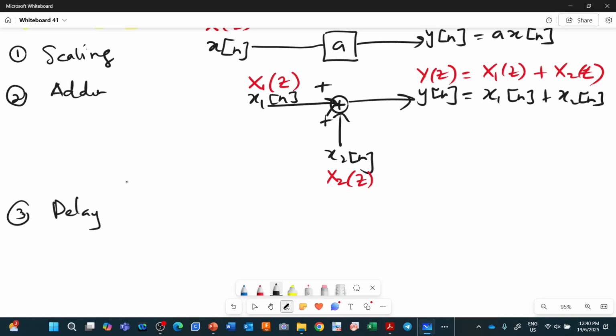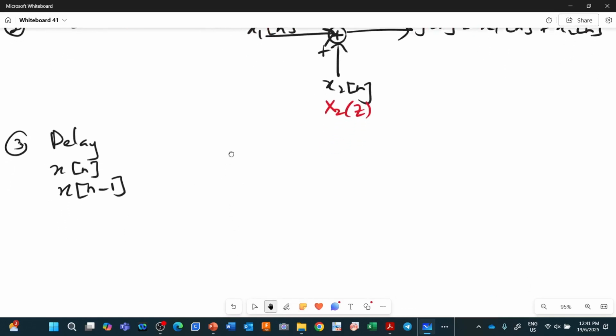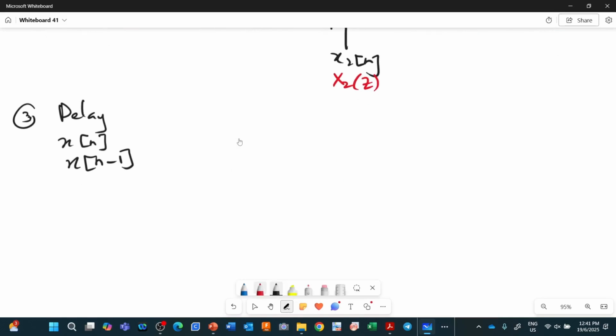Delay block, basically, if you look at what we have defined just now, is the shifting, right? Time shifting. The original signal is x[n]. The delay block gives x[n minus 1]. So to draw a delay block, you draw it as D, in the time domain.